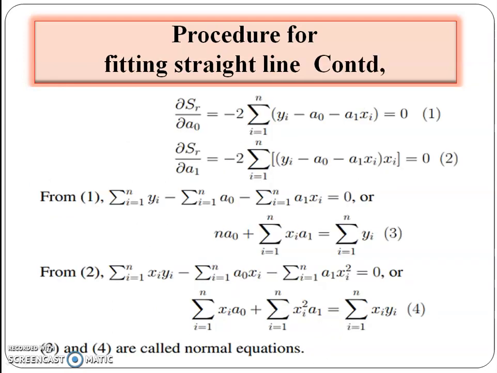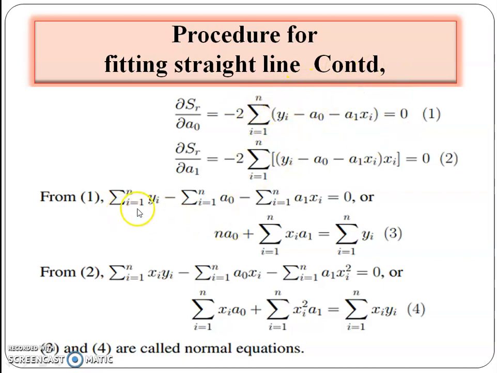Now differentiate partially with respect to a0, and we get this equation. To find the maxima and minima, we put the first derivative equal to 0. Now simplify this expression.